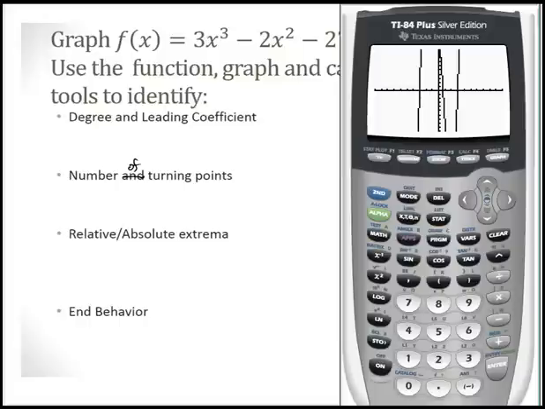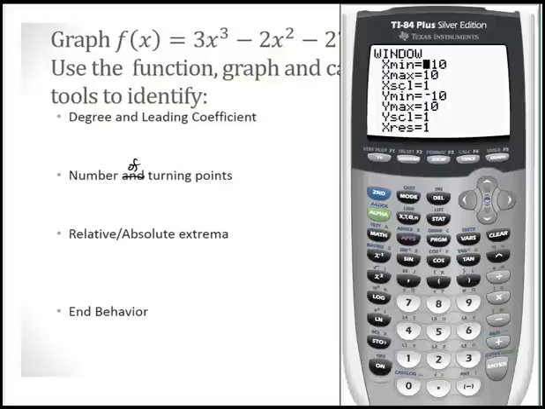Alright, so let me change my window. The important values for x appear to be between 1, 2, 3, -5 and 5. So let me look from -5 to 5 on the x, and on the y's, let me try how about -30 to 30 on the y's, and I'll change my scale to tens.